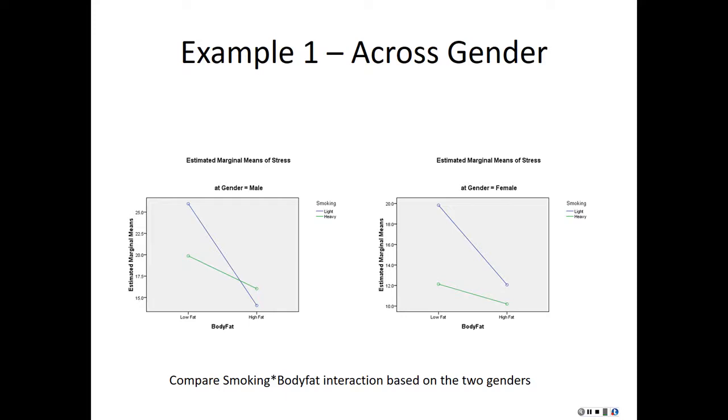So really, between males and females, we see that in the low-fat condition, the light smoking is significantly better than the heavy smoking, but in the high-fat condition, there's no differences, okay? Because that's the nature of the interaction. It's not significant, so there really is no effect.